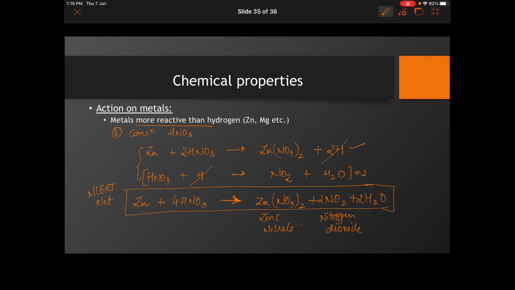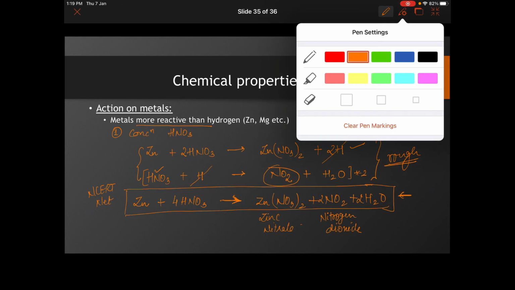This released hydrogen further reacts with HNO3 and the reduction product depends on the HNO3 that is given. So this over here is going to be your rough work. What he is looking for in the exam is the net equation. If you want to mug up, you can directly mug up the equation, but I suppose you should not do that, right?